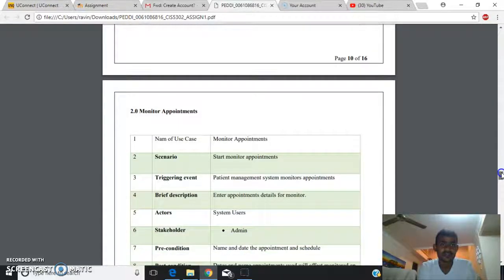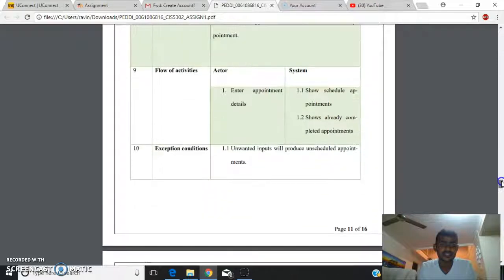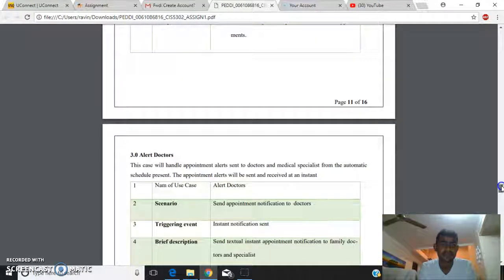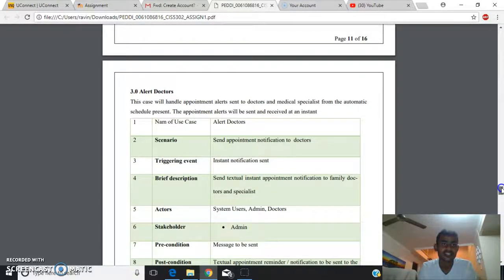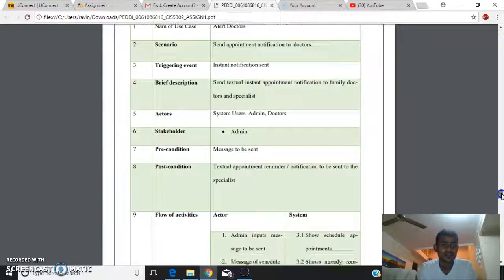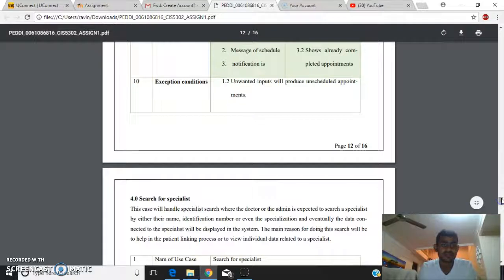Next is monitor appointments, which is the same as the previous one, with 10 parts. And then alert doctor, the same situations: name of use case, scenario, actors, stakeholders, exception conditions, same as the previous one.